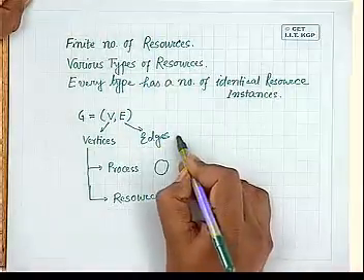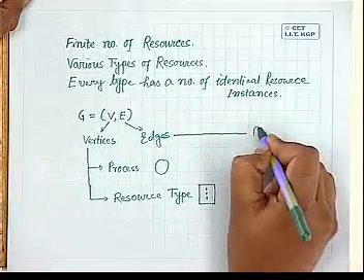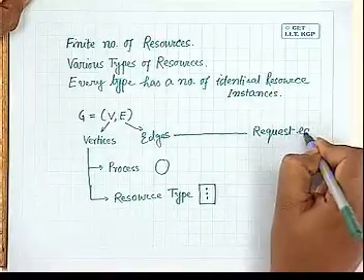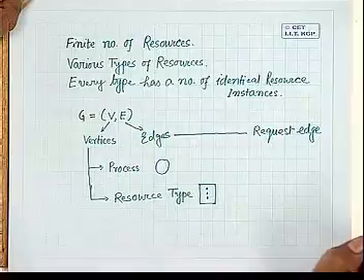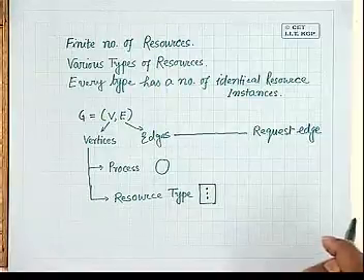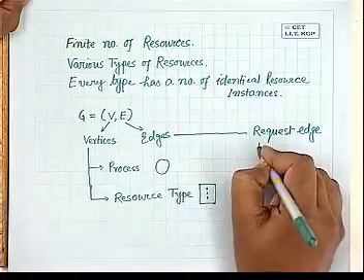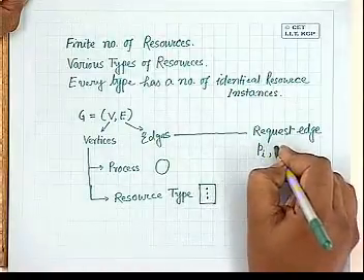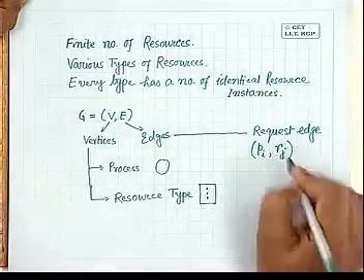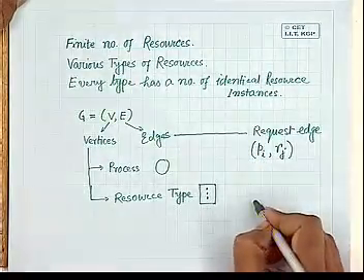Okay. Similarly, for edges, we will have 2 kinds of edges. One we will call a request edge, that is, whenever a process requests a resource, we will make a request edge. A request edge is of the form: a process Pi requesting an instance of resource type Rj. So, we make a request edge starting from process Pi to resource type Rj.